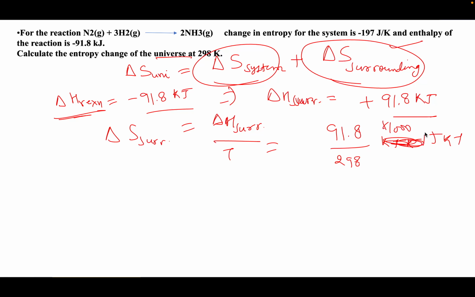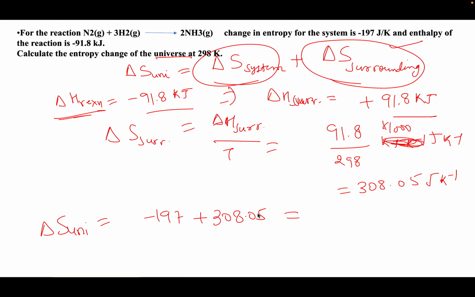So just calculate this: 91.8 into 1000 divided by 298. This is giving 308.05 joule per Kelvin. Now delta S of universe is equal to delta S of system, which is minus 197, plus 308.05.